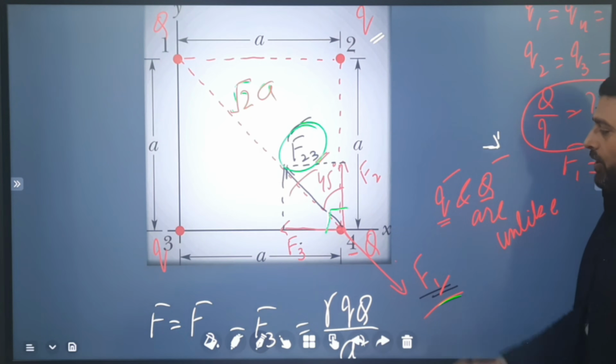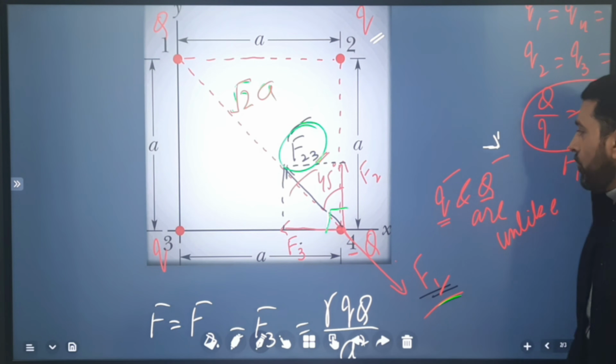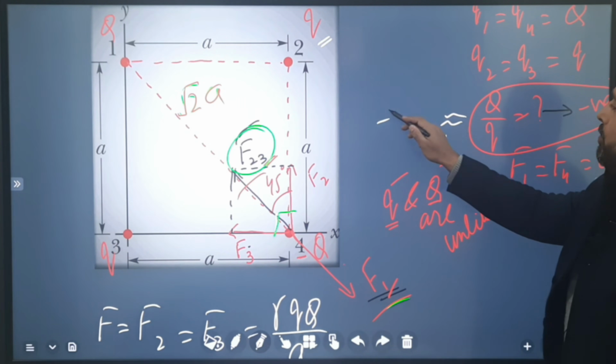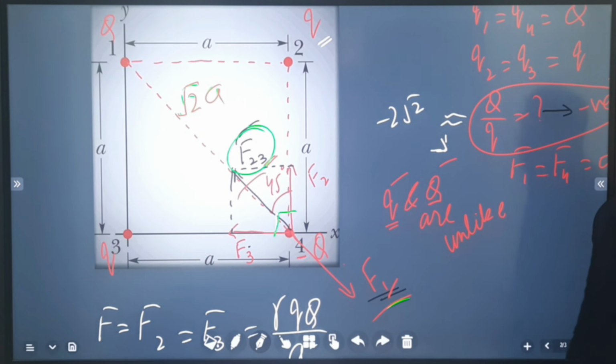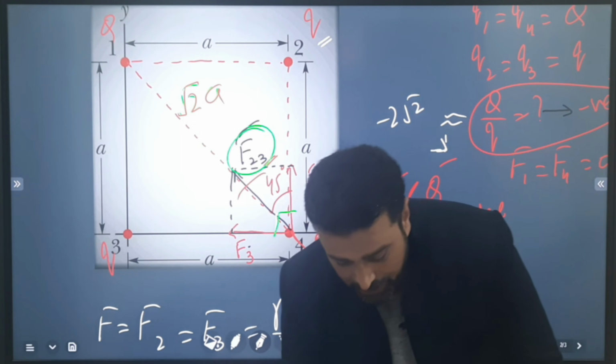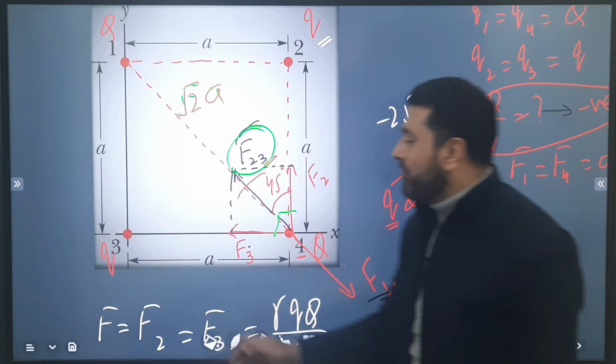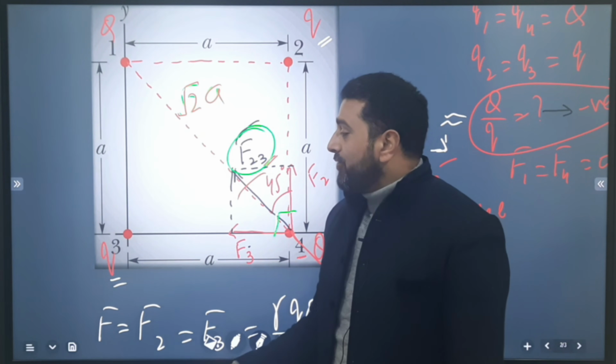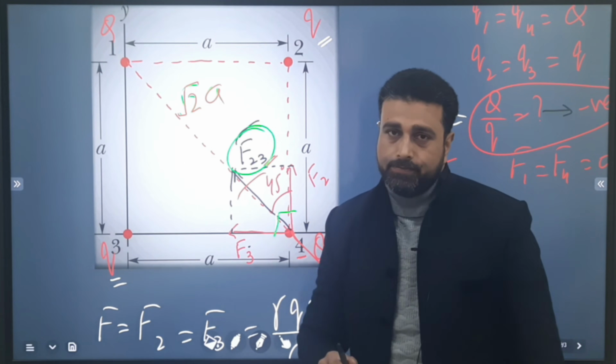So the condition for net force to be 0 on particle 4 is that this ratio Q by q must be equal to minus 2 root 2. Now, we are being told in part B of the question: is there any possible value for small q for net force to be 0 on all the 4 particles?